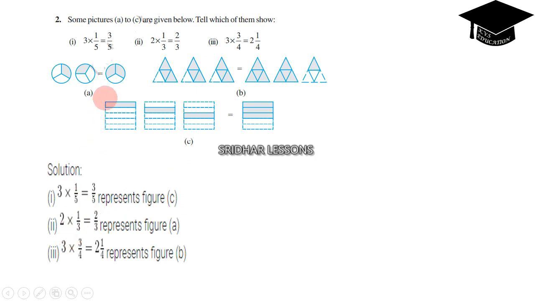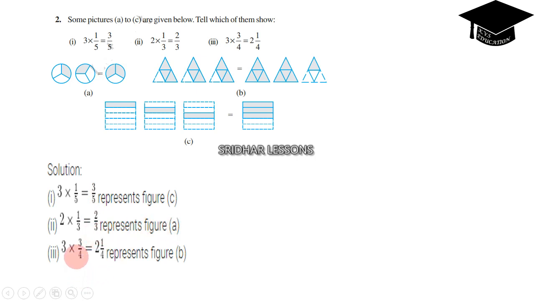Okay. See this one. Picture A. 2 into 1 by 3. 2 circles we have, of which, see this one, 2 by 3. Totally we have 3 parts and 2 were shaded. So 2 by 3 represents figure A.